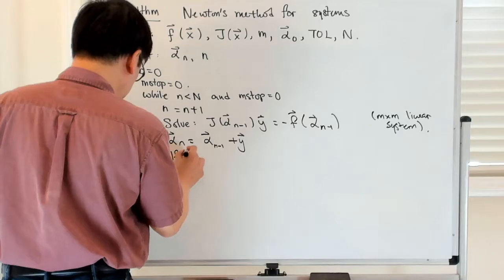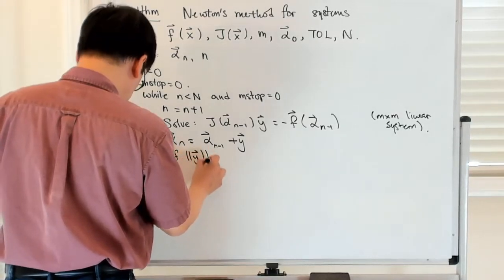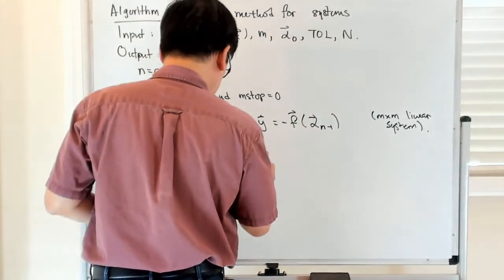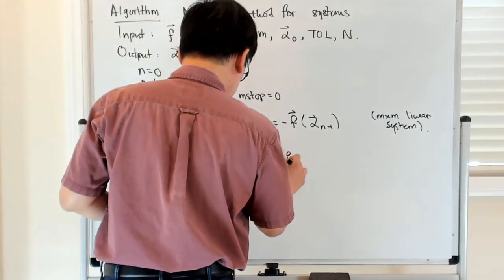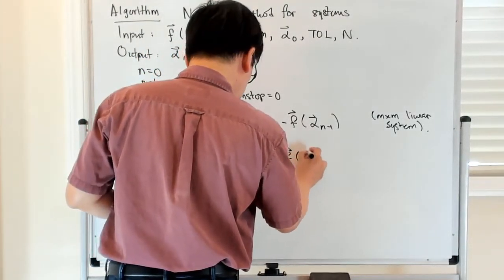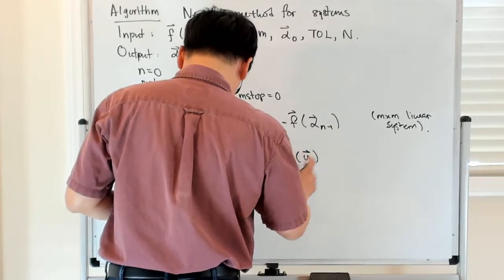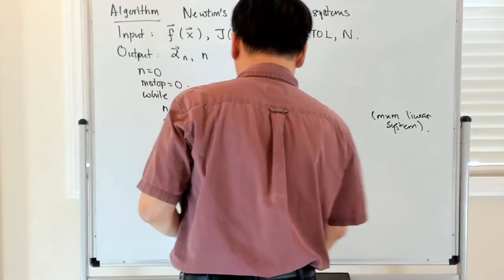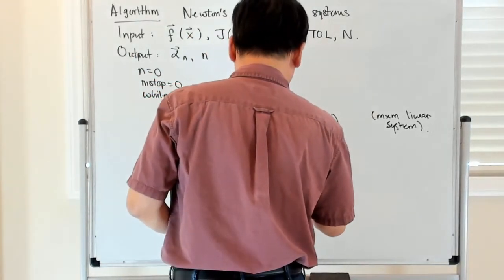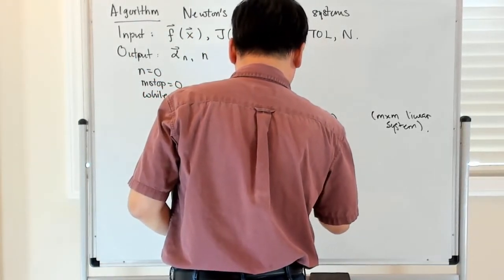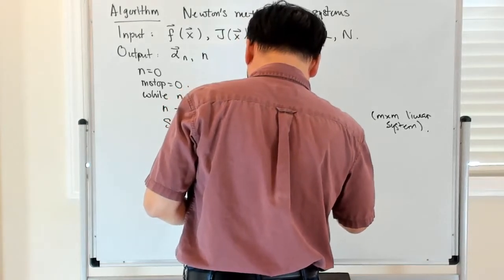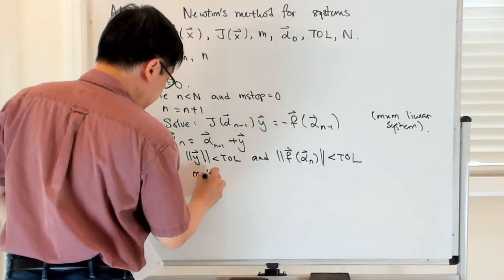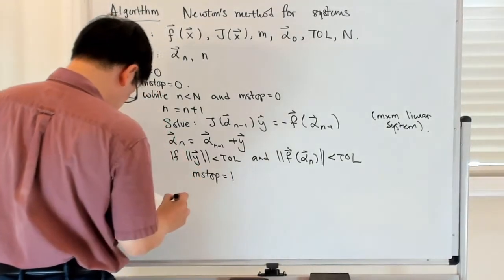So if the norm of y is less than the tolerance, and the residual error is less than the tolerance, then I set the flag to 1.